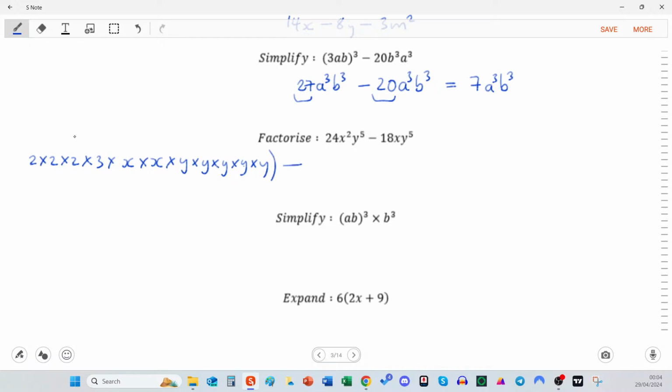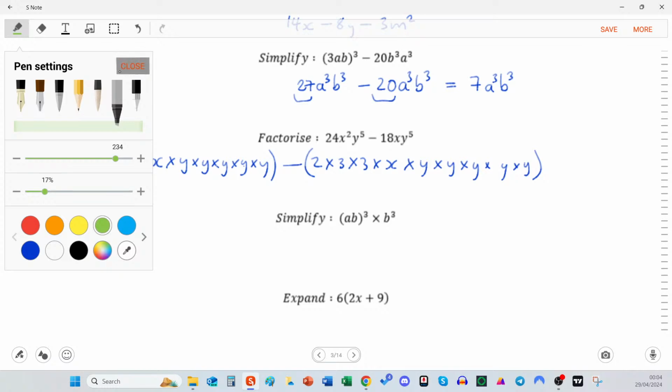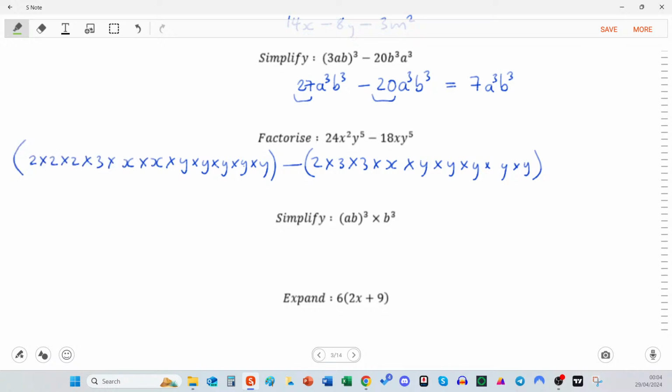Take away, it'll only take a minute. 18 is 2 times 3 times 3, times an x, times y times y times y times y times y. I'm doing this in case you've never seen it before.